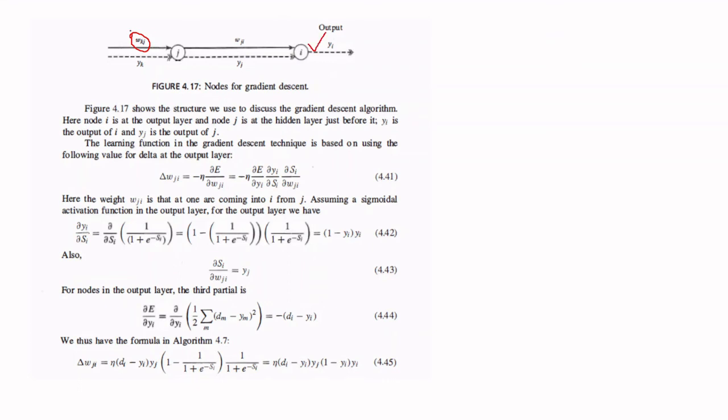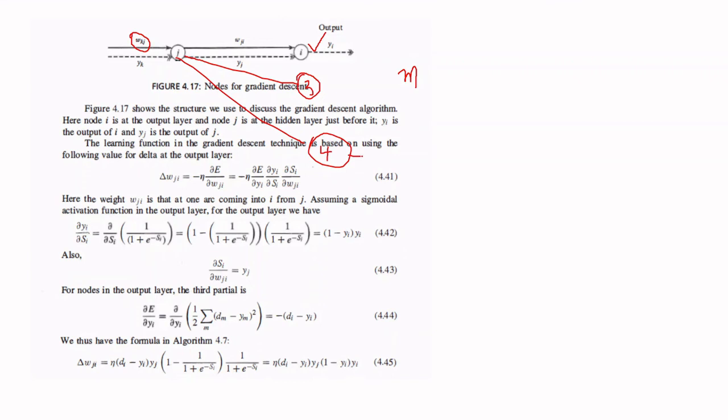But if you consider this, we have nodes like this, right? You can have m number of output nodes, 0, 1, 2, 3 up to n. Say this is output node 3, output node 4, and so on.